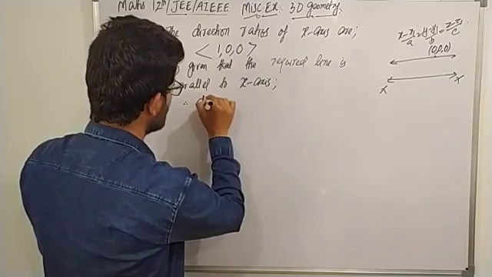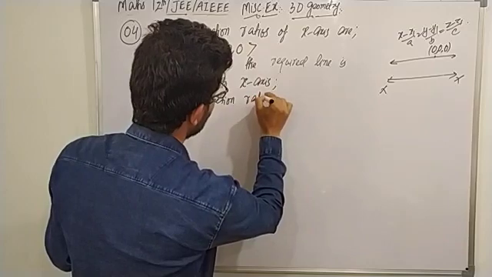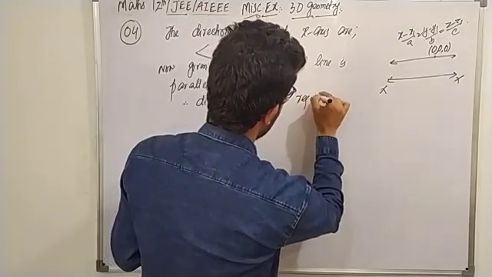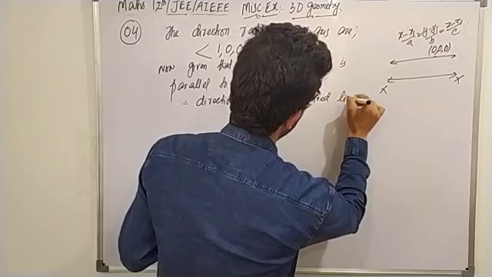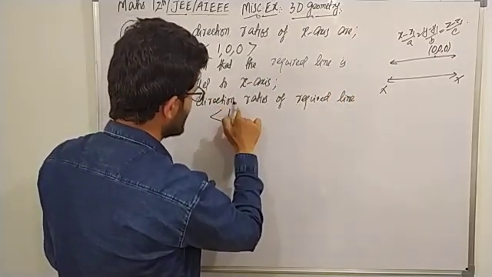Therefore, direction ratios of required line. तो रिक्वायर्ड लाइन के डायरेक्शन रेशियो क्या बनेंगे? ऑर्डर्ड ट्रिपल ऑफ अगेन 1, 0, 0.